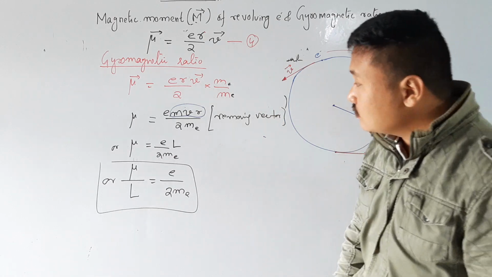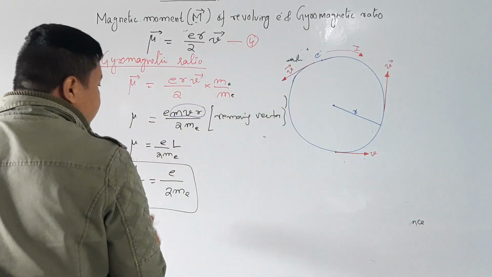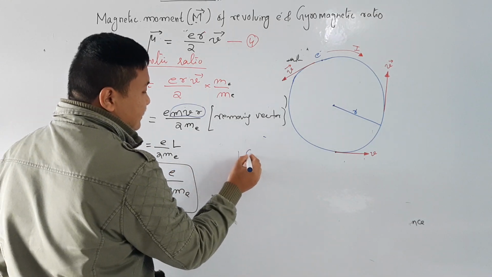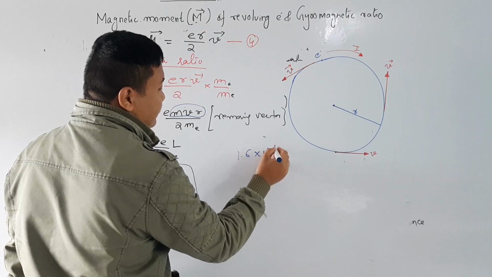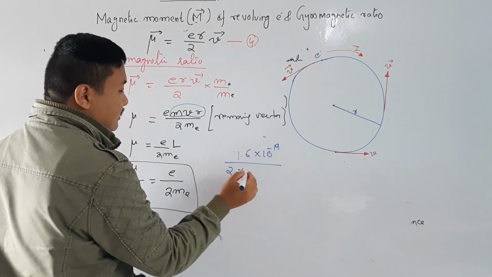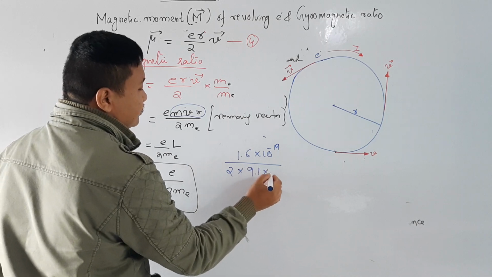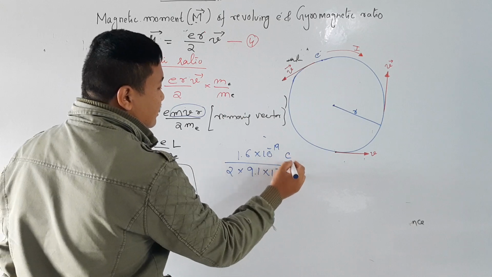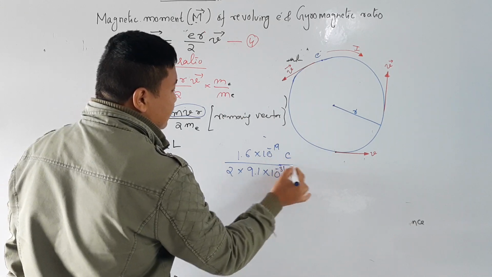So how much is the value? For the electron, the charge is 1.6 into 10 to the power minus 19 coulomb, divided by 2 into the mass of the electron, 9.1 into 10 to the power minus 31 kg.